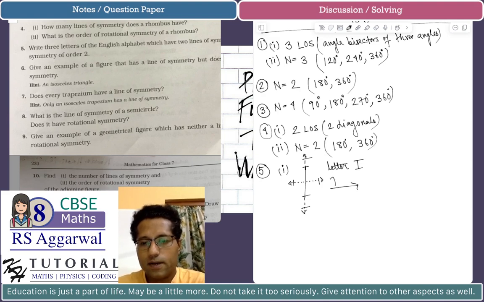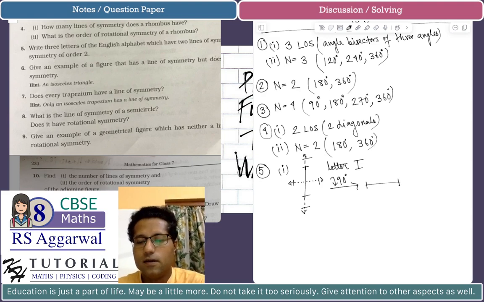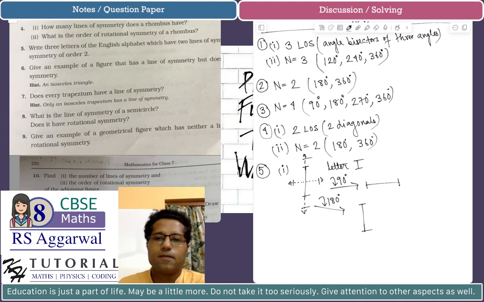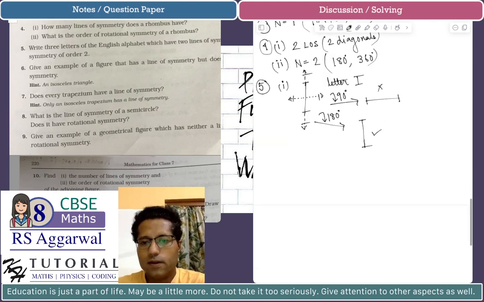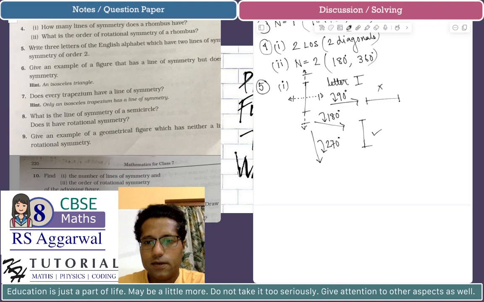We can clearly see if we rotate the letter I by 90 degree, initially it will look like this, which is not looking identical. And if you rotate the letter I by 180 degree, then it will look identical. If you rotate the letter I clockwise by 270 degree, it will again not look identical.